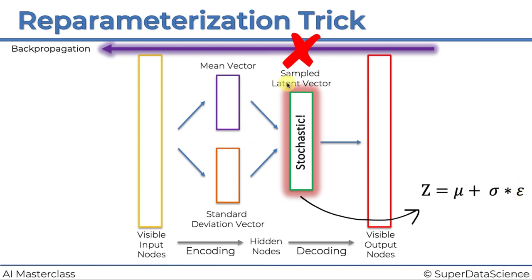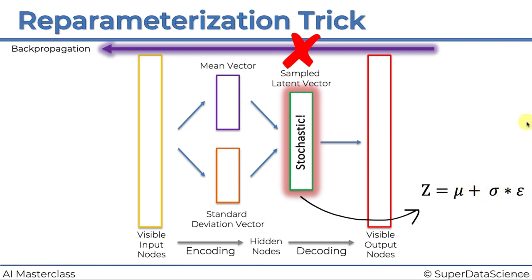So rather than performing the sampling here in this latent vector itself, we're going to separate out the sampling into its own separate node, and that way is going to allow us to run backpropagation.